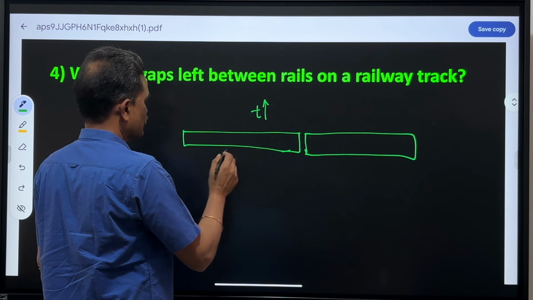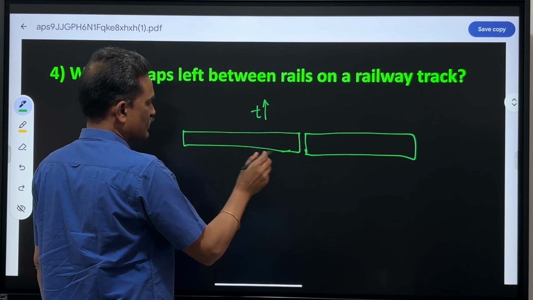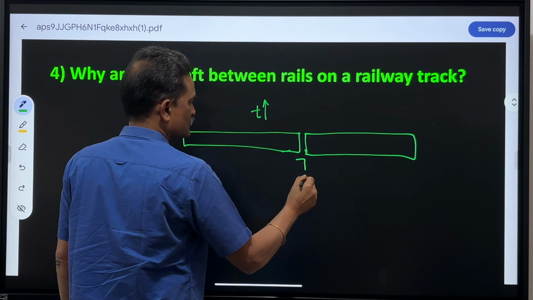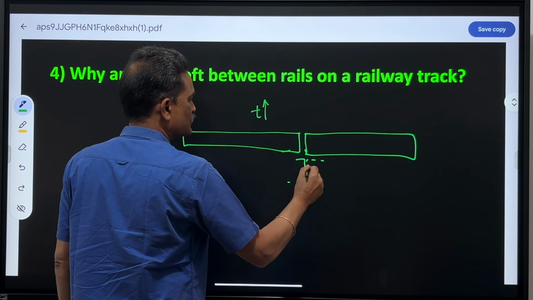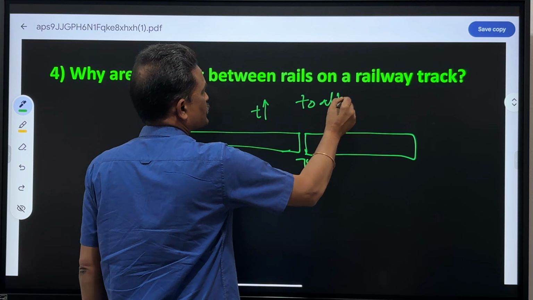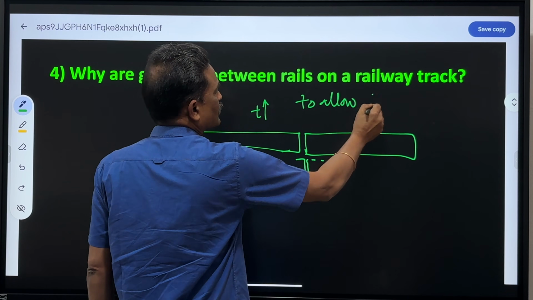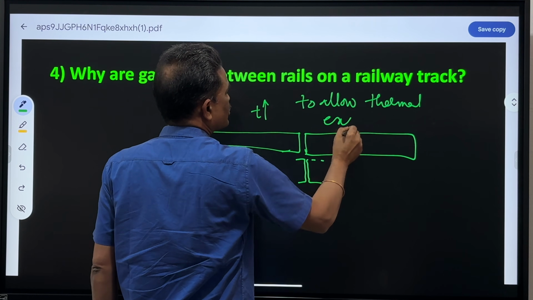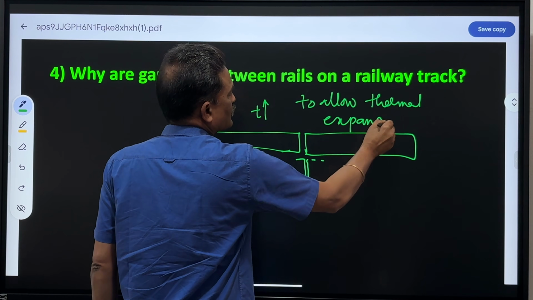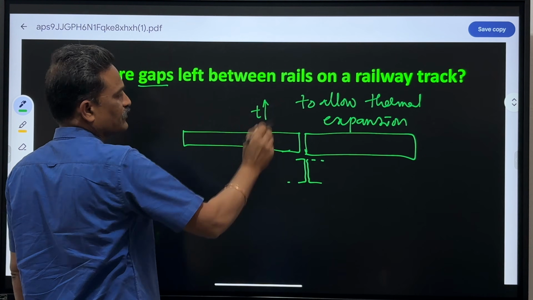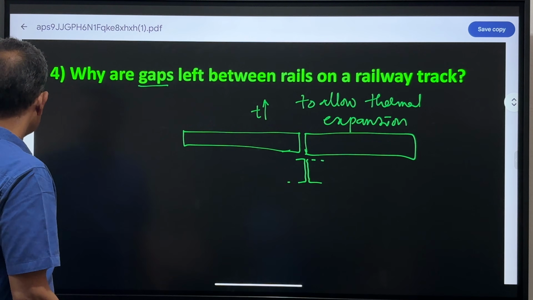So during summer, this iron rod, that is nothing but the railway track, undergoes expansion. So it expands and even this also expands. The answer must be to allow thermal expansion. If you write this much, that is enough. In order to allow thermal expansion, a gap is left between two rails.